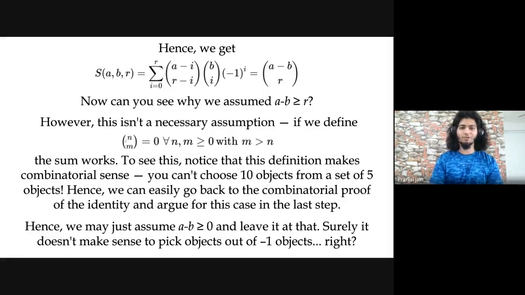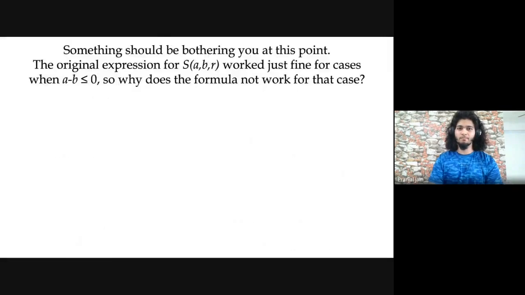So this is a scenario where there are no ways to pick 10 objects from 5 objects. But if I ask you to pick 5 objects from minus 1 objects, that question doesn't even make sense. So we can't even assign 0 to that, because the question is nonsensical. So you can't assign a value. So we must assume that A minus B is greater than or equal to 0 for now.